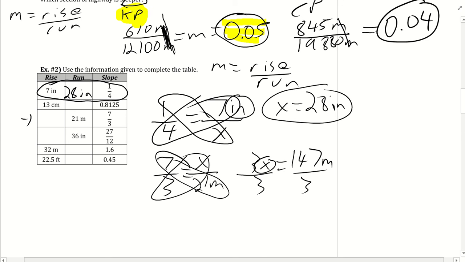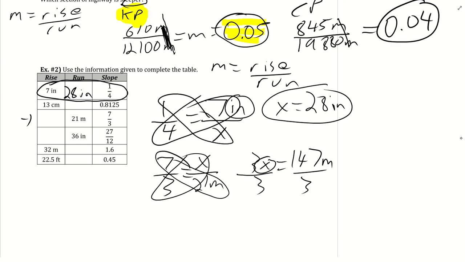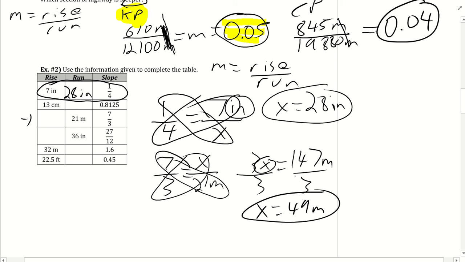I'm going to bring up my handy dandy calculator, clear that, and go 147 divided by 3, and that's going to give me 49. So x equals 49 meters. Another way you could look at this is, here's 21 meters.